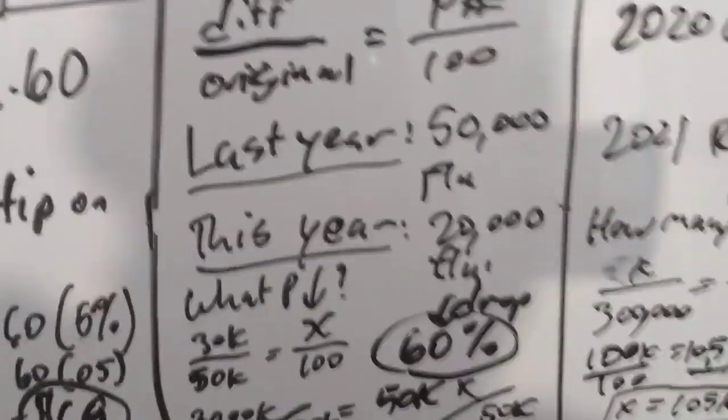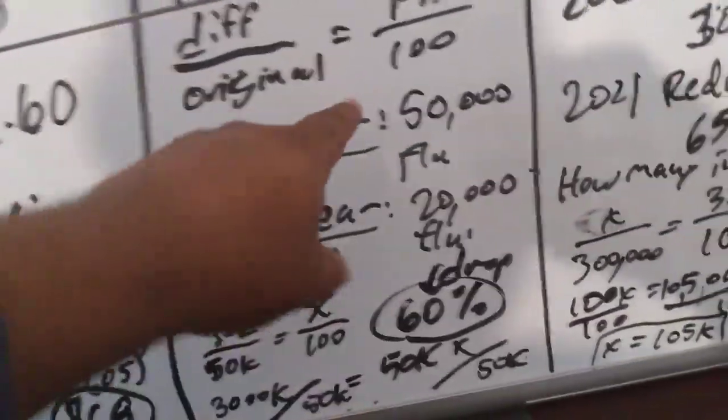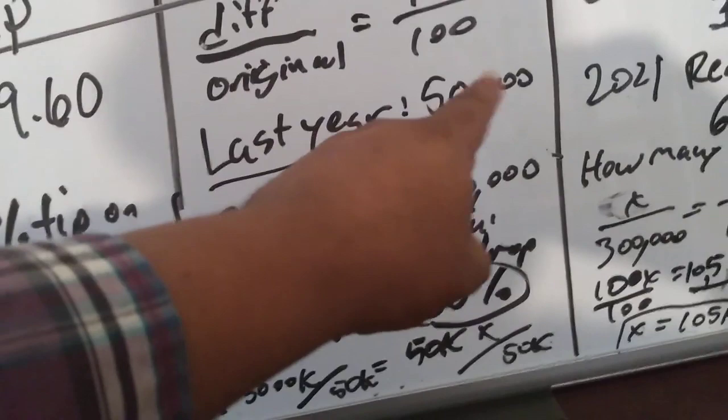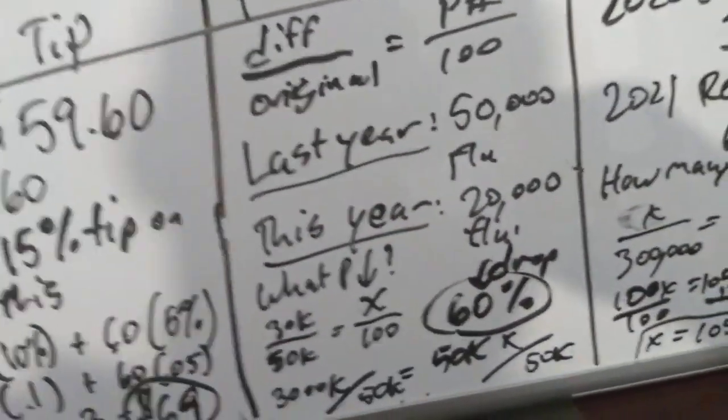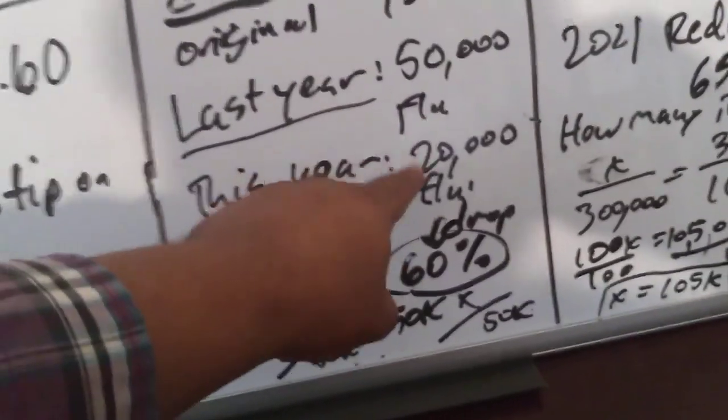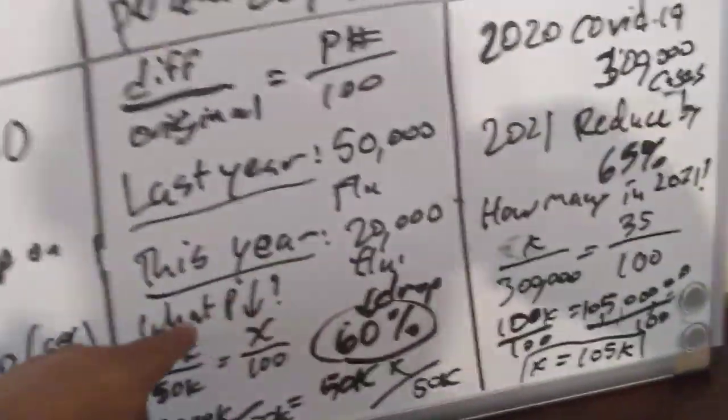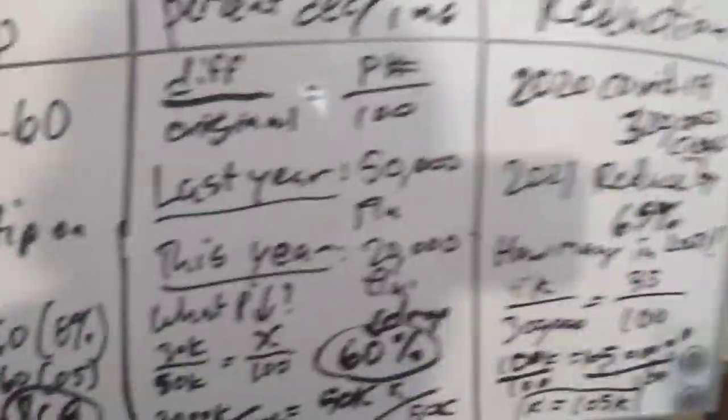Last year, suppose there were 50,000 cases of flu. This year, there are now 20,000 cases of flu. So what is the percent decrease? Because it went down, right?